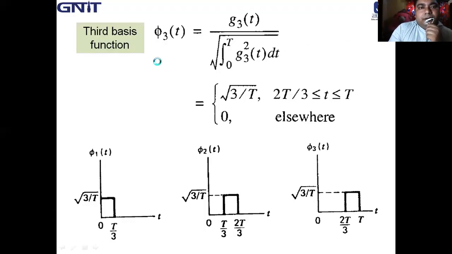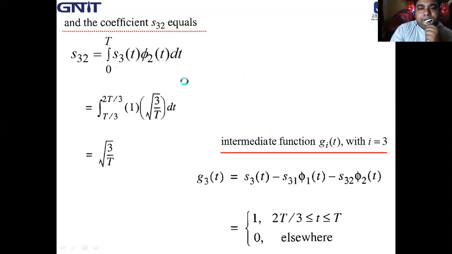Therefore, the third basis function phi 3(t) is equal to g3(t) divided by the square root of the integration from 0 to T of g3 square (t) dt. We know the value of g3(t) from the last slide.